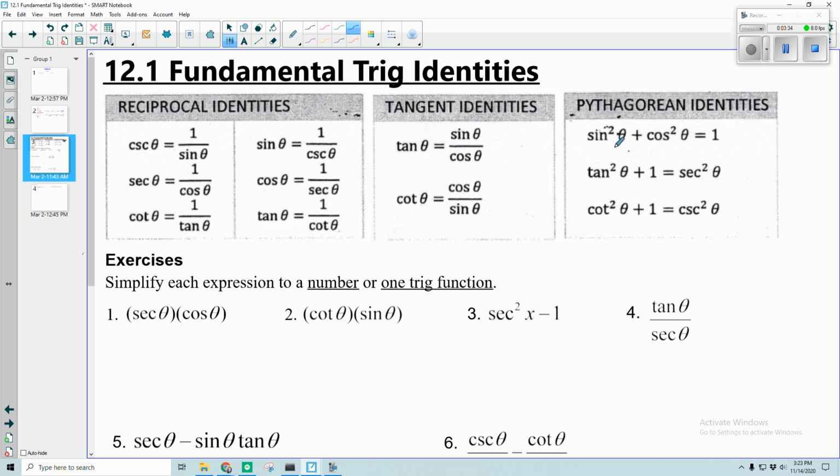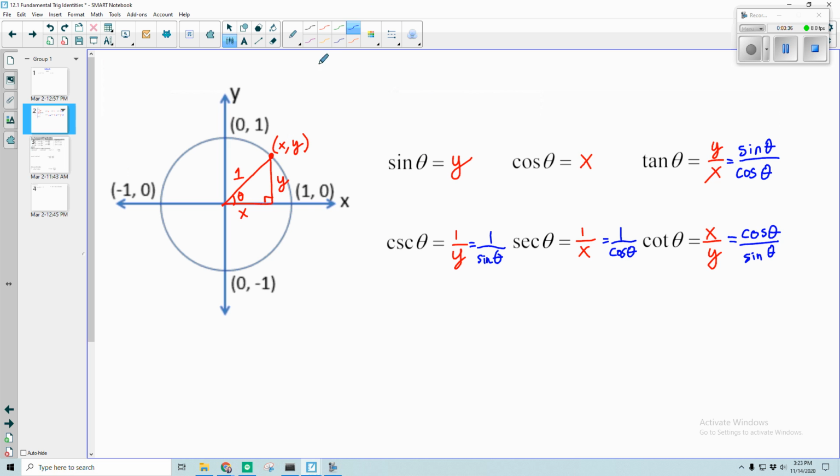And then lastly, the Pythagorean identities come from applying the Pythagorean theorem to this triangle. We know that x squared plus y squared is equal to 1 squared, which is just 1. If we substitute everything in like we've been doing, that leaves us with cosine squared plus sine squared equals 1.